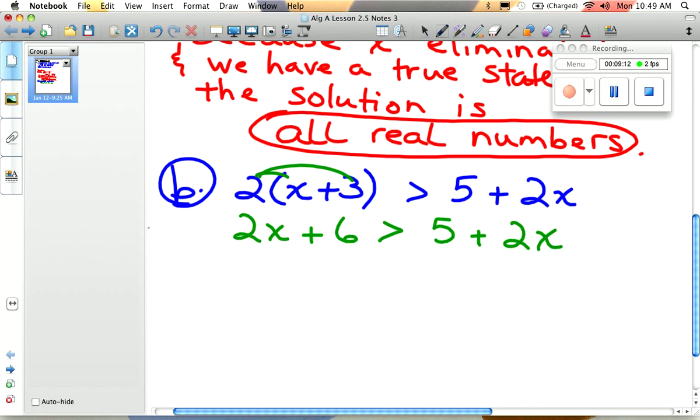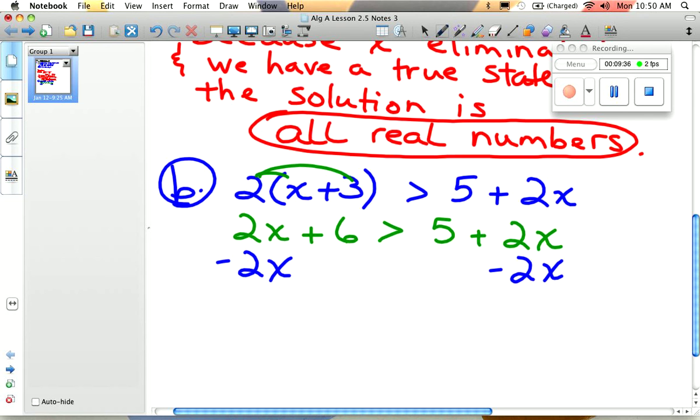Next question you ask yourself is, are there variables on both sides? Yes. So which side should we get rid of them on? We're going to get rid of them on the right side. What would we do to get rid of them? Subtract 2x from both sides. So we'll subtract 2x on each side.